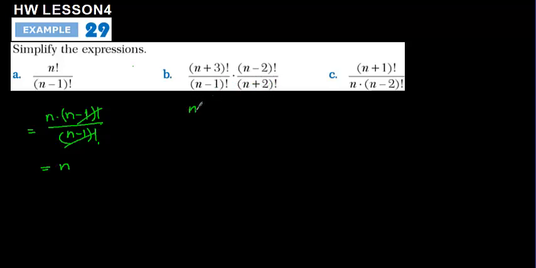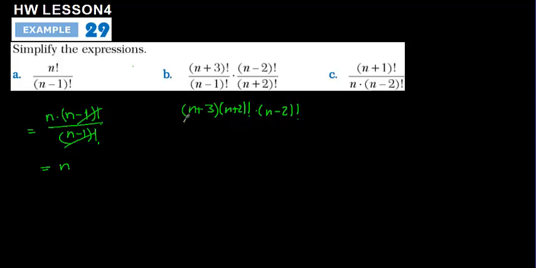So n plus 3 times n plus 2 factorial, over n plus 2 factorial times n minus 2 factorial.